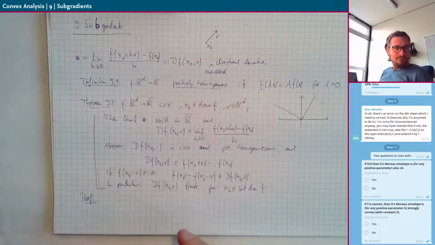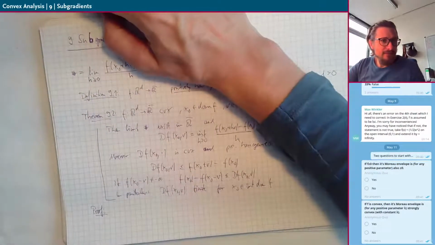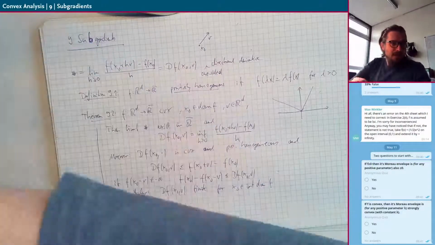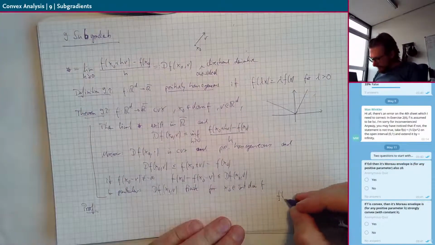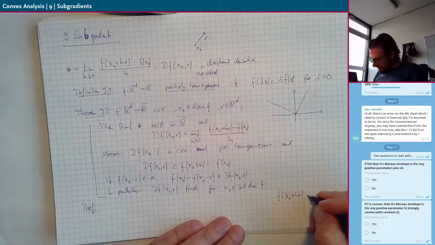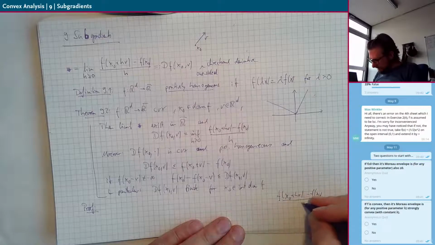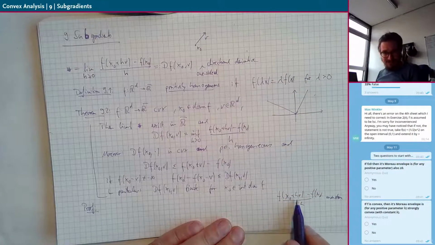Okay. Yeah, and the most important thing is that we have a certain monotonicity here. So we want to show that the difference quotient f of x0 plus hv minus f of x0 over h is monotone and increasing in h.